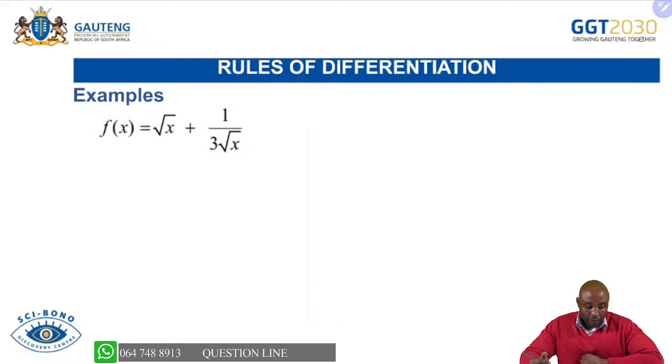We move on to example 2. I'll give you 1 minute to find the derivative using rules of differentiation. 1 minute, let's quickly look at it.